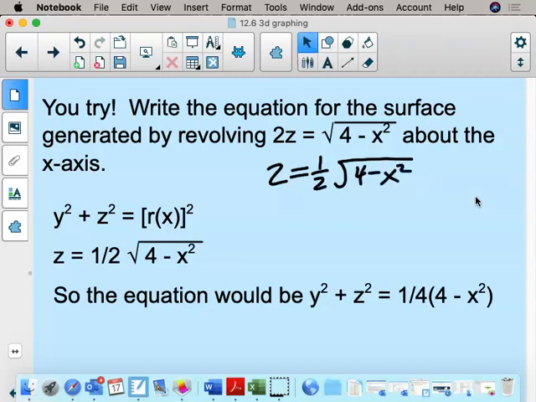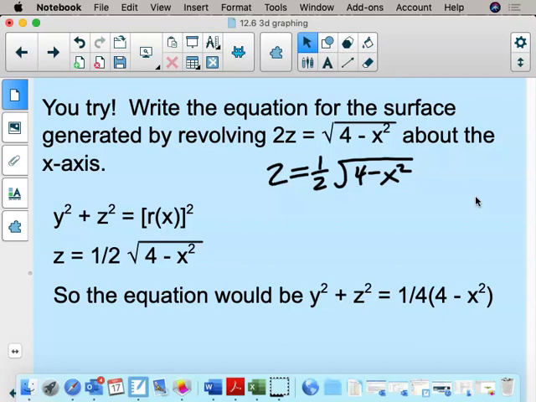Okay, so when you get z equals 1/2 times the square root of 4 minus x squared, you do your y squared plus z squared equals, and then you square that, you get 1/4 times 4 minus x squared, right? So think about what that equation, anyone know what the equation of the square root of 4 minus x squared looks like? It's a semicircle, right? -2 to 2, right?